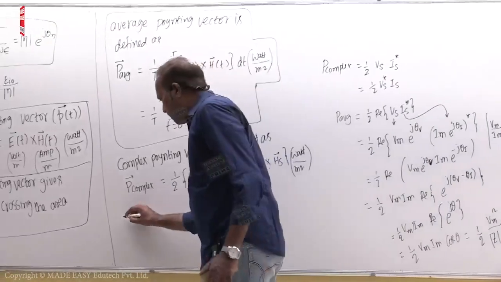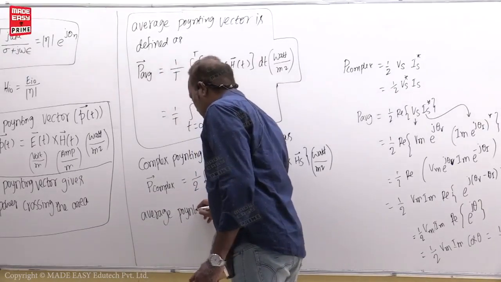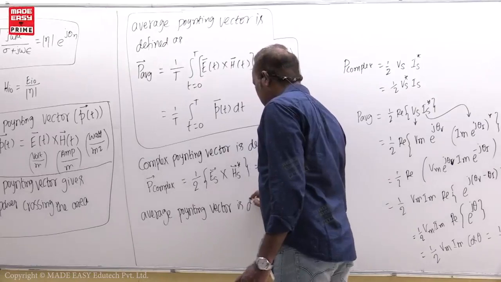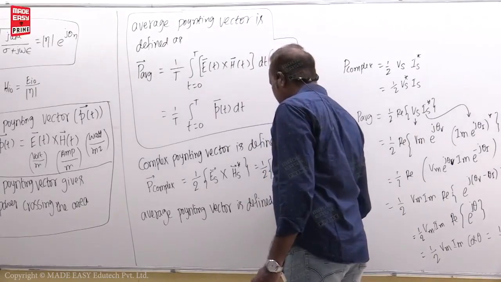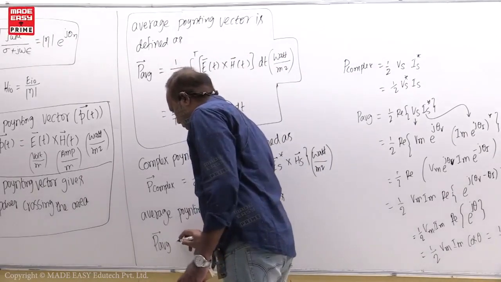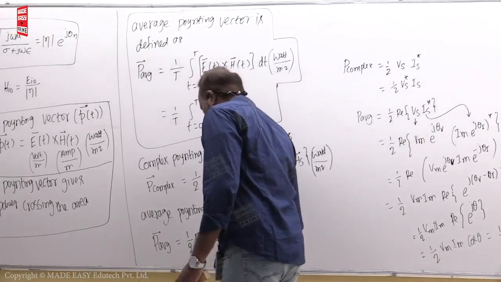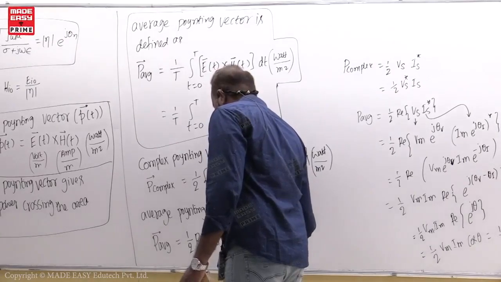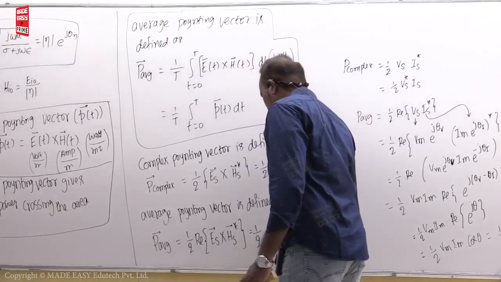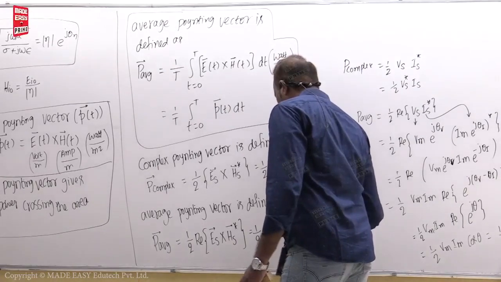So here average Poynting vector is defined as P avg bar is equal to half into real part of Es bar cross Hs bar star, that is equal to half into Es bar star cross Hs bar.